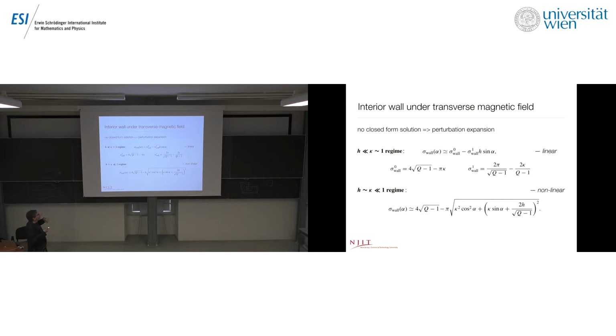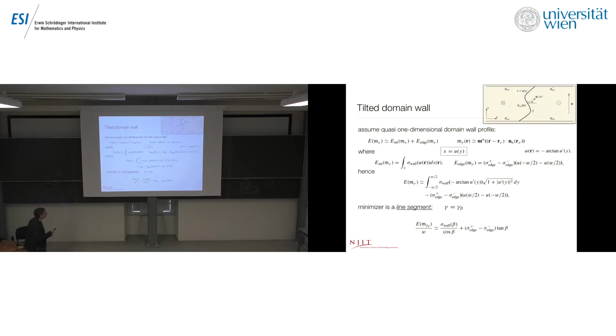Okay, and there's another regime, which is more complicated, when h and kappa are both small, and then similar analysis gives rise to a different expression for the wall energy in the asymptotic, using formal asymptotic analysis. So putting this all together, we end up with an energy which consists of the energy of the interior wall and the edge walls.